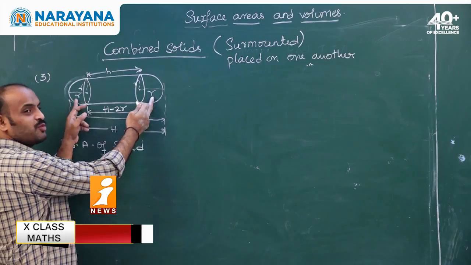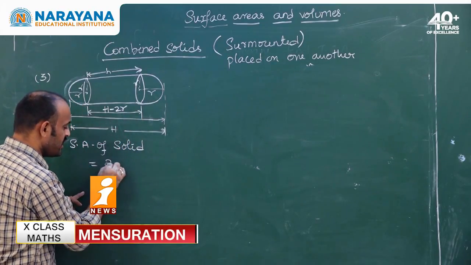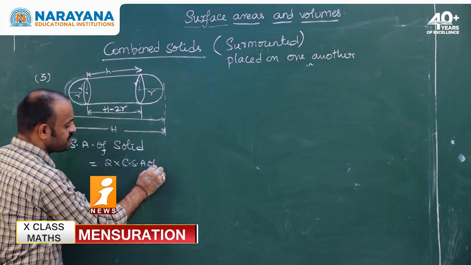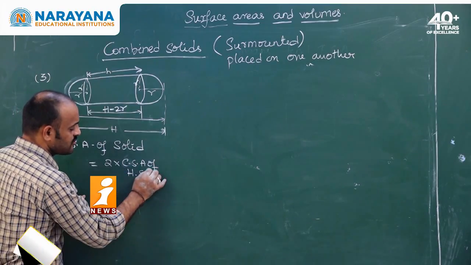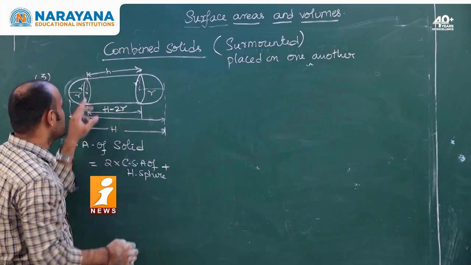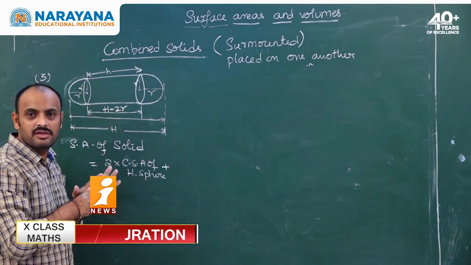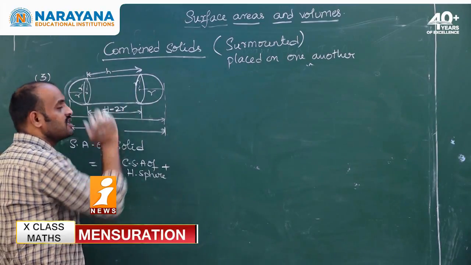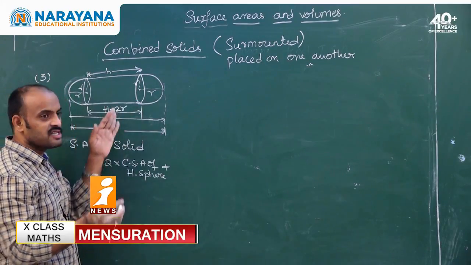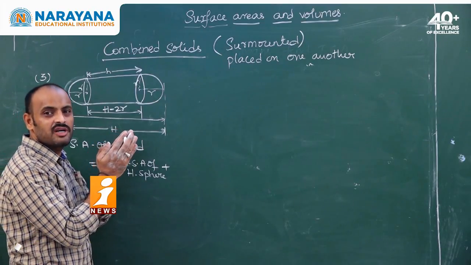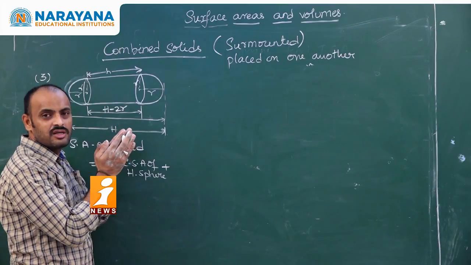The surface area of the resultant solid is CSA of hemisphere plus CSA of hemisphere. As both the hemispheres are the same, I can write 2 into CSA of hemisphere, because I cannot see the bases of the hemispheres, so I cannot consider their bases. Now CSA of cylinder: because the bases of the cylinder are joined with the hemisphere bases, I cannot see the bases of the cylinder.